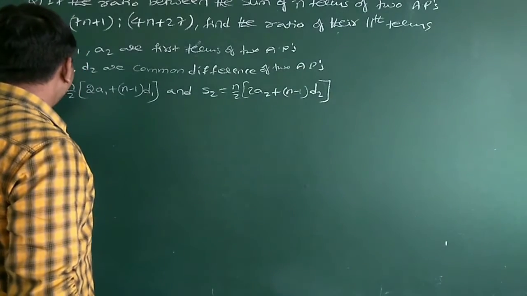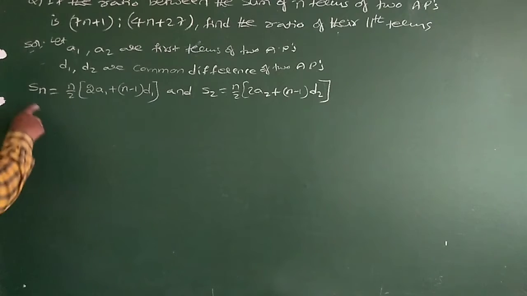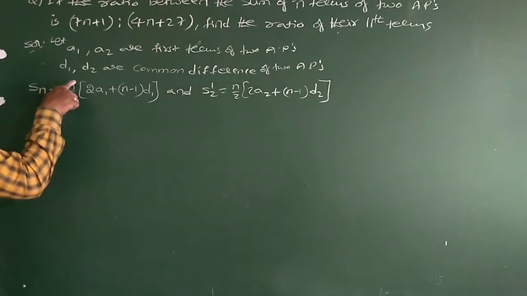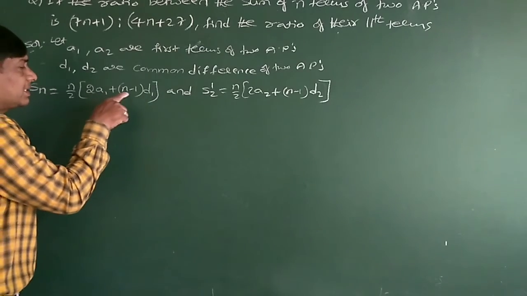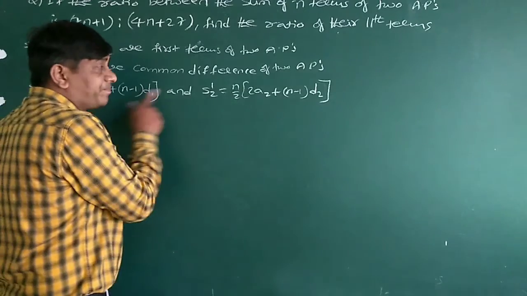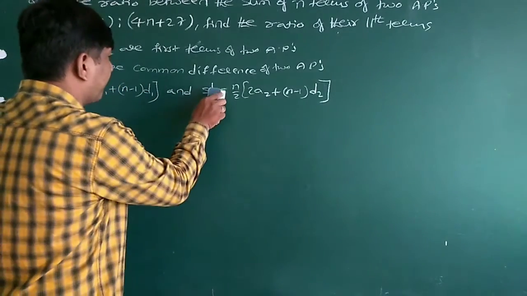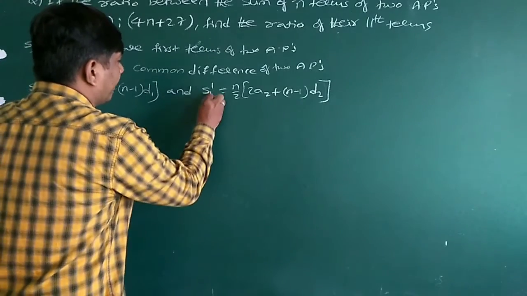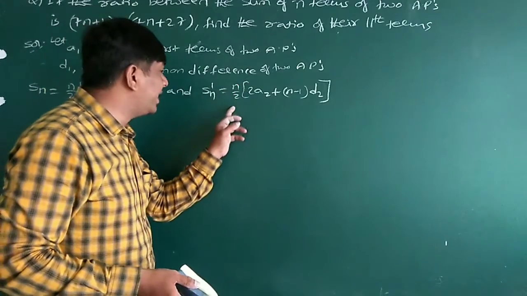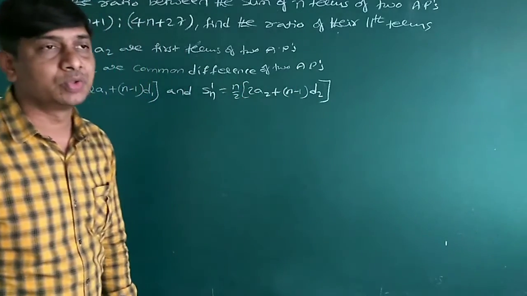By using the first term and common difference, I wrote the sum of n terms. Sn is equal to n by 2 into 2a1 plus n minus 1 into d1 for the first AP, and for the second AP, S dash n is equal to n by 2 into 2a2 plus n minus 1 into d2.